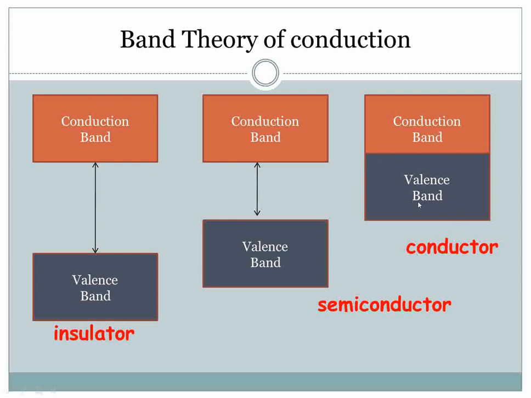Whereas the semiconductor band diagram is not close, and not very far away like the insulator, but moderate, because if temperature or any effect acts on the material, the conductivity lies between the insulator and conductor.